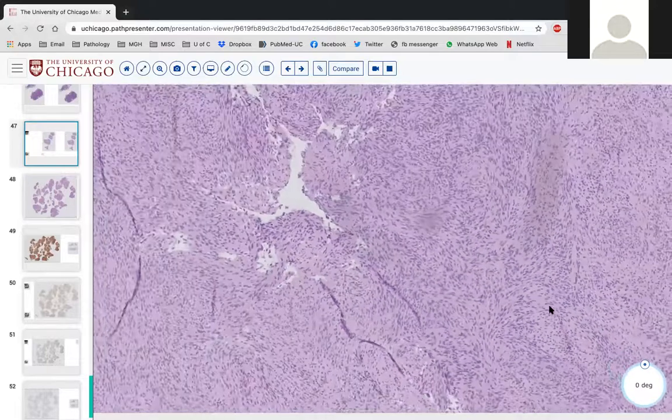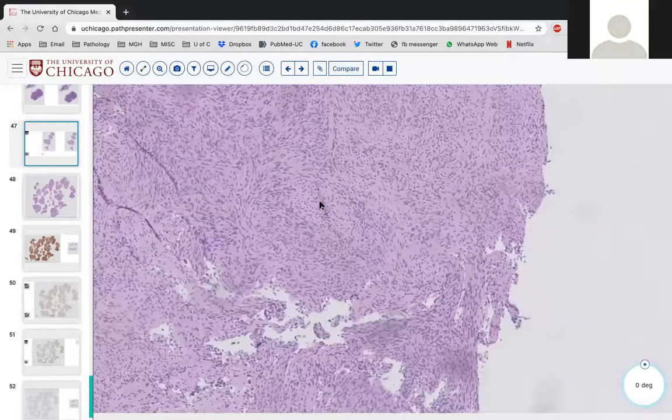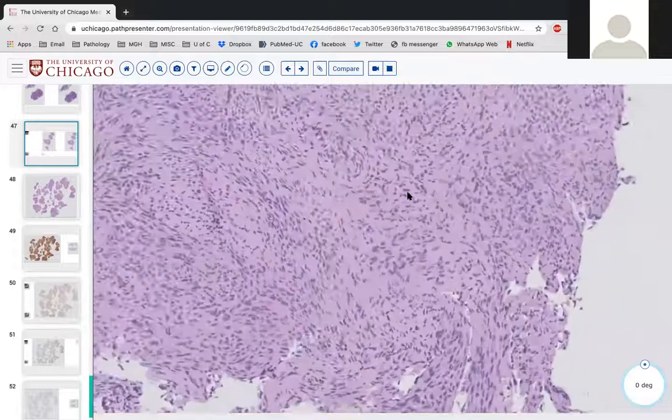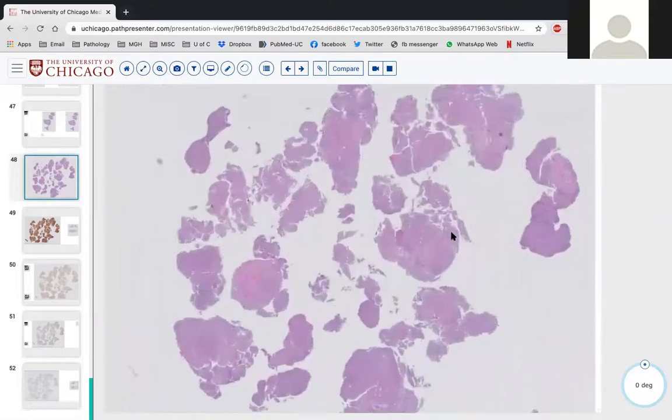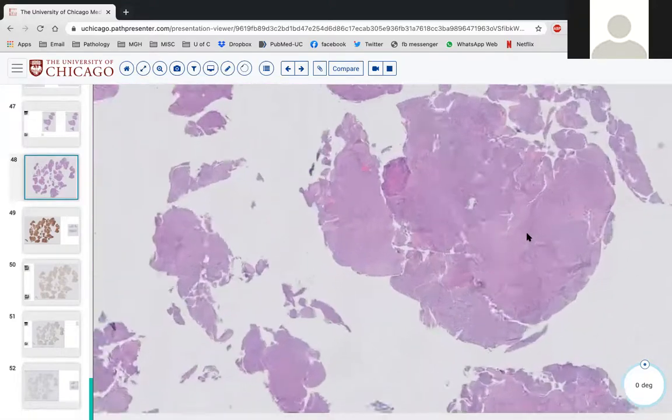And maybe in some areas we have a hint of palisading, and then some areas that are a little bit less cellular, right? Like this area where you see no nuclei. Oh, like Antoni A and B.